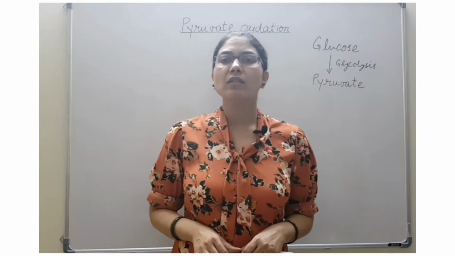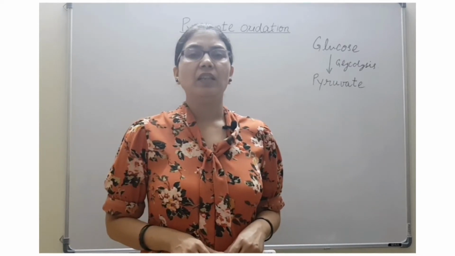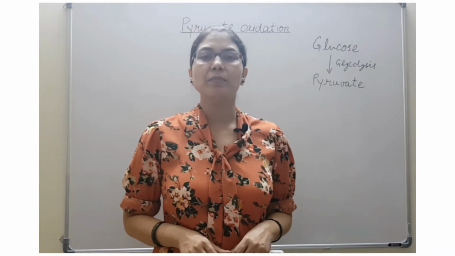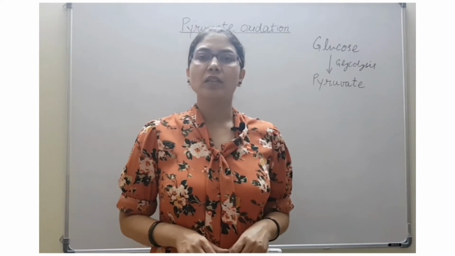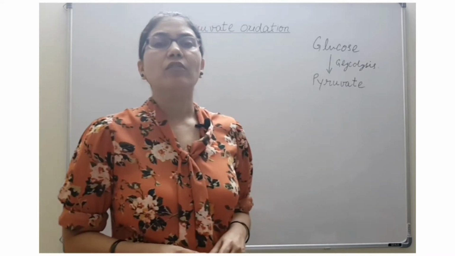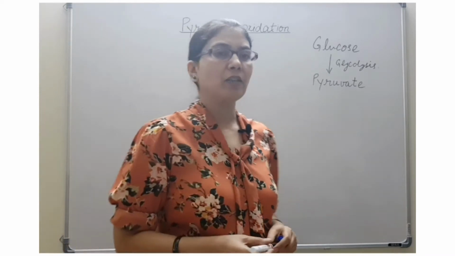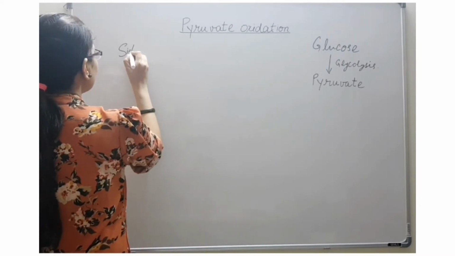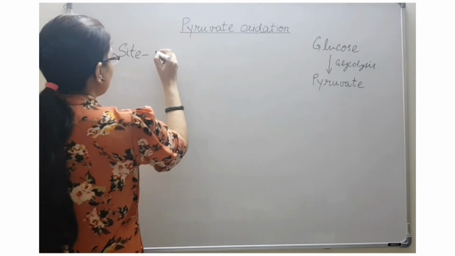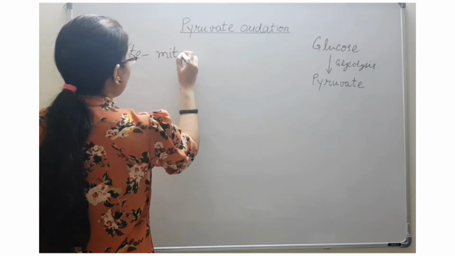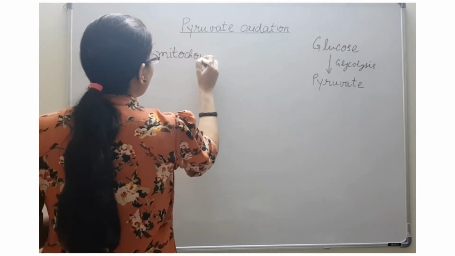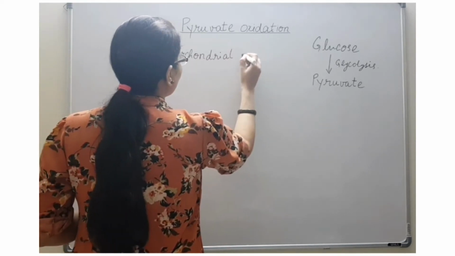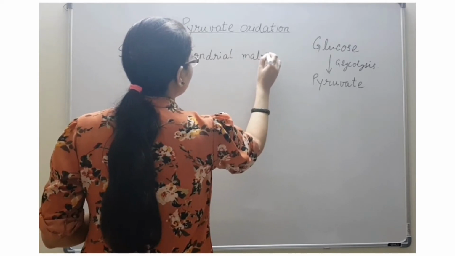If molecular oxygen is present, we have seen that in the cell aerobic respiration takes place and this pyruvate undergoes further oxidation. The site of the pyruvate oxidation is the mitochondrial matrix.